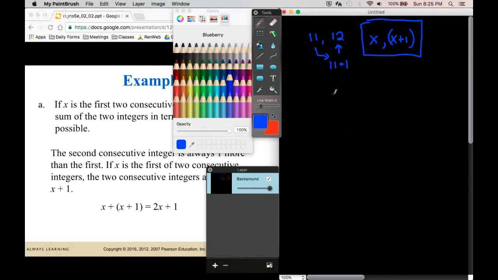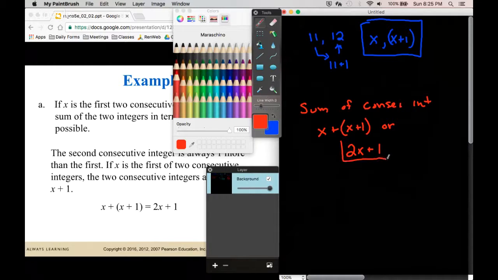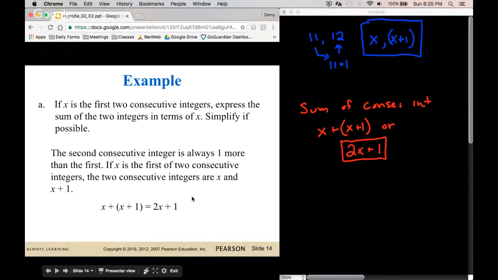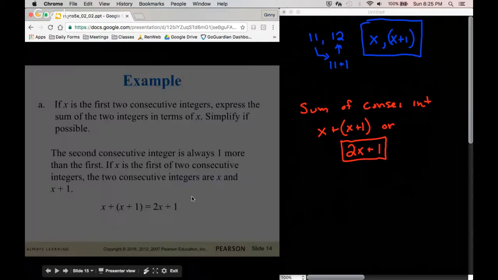So it's going to be important for you to remember that the sum of consecutive integers, so this would be a good formula to write down, is going to be x plus x plus 1, or you combine your like terms and simplify: 2x plus 1. Okay, you're going to want to write this down. Sum of consecutive integers is 2x plus 1. And that's important because you're going to see that again in word problems.